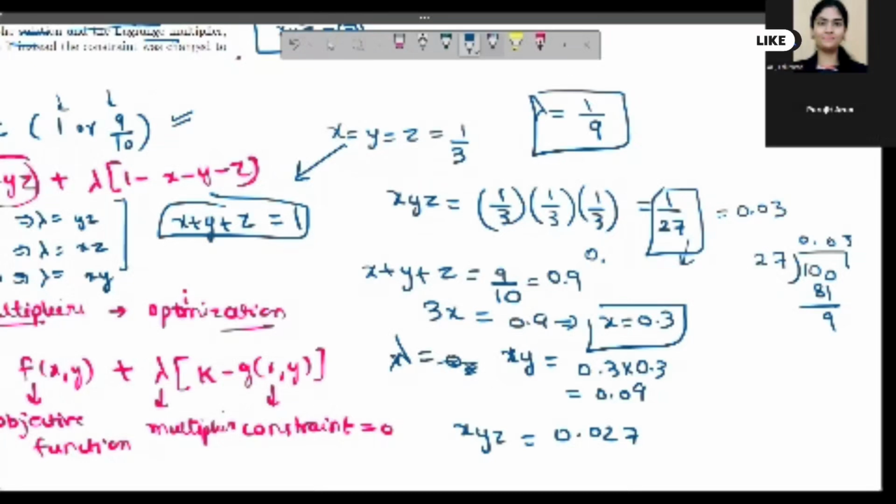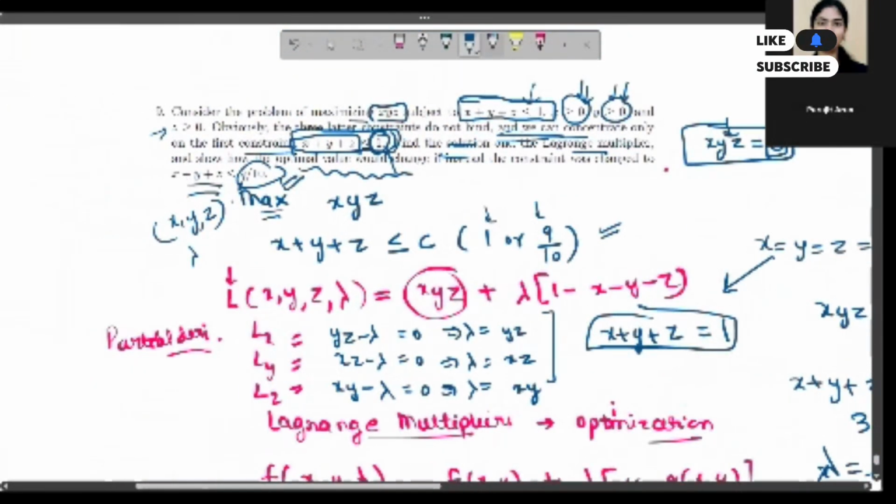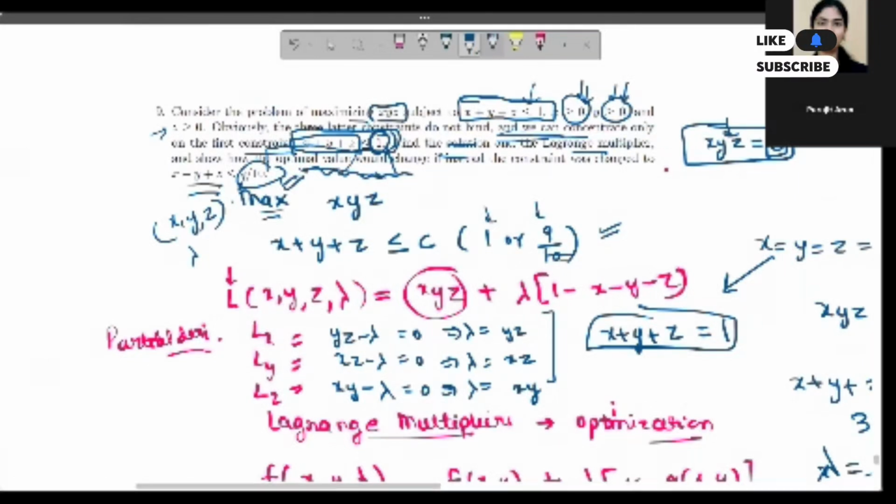Ma'am, what are we trying to do here again? I did not understand the question. The question is how the optimal value, that is the function's value, would change if the constraint changed to this.